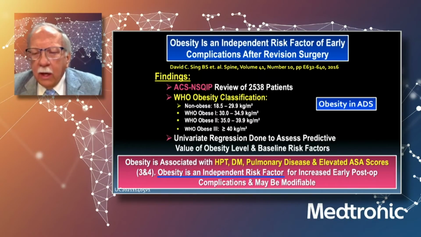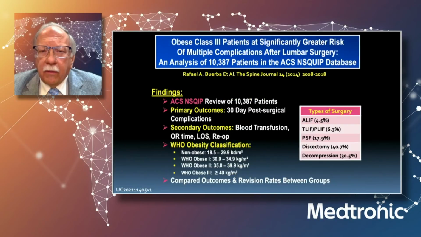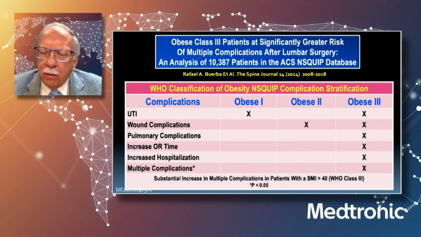Anyway, we really want to know that these patients have all these associated abnormalities. Raphael Burba looked at a large cohort of patients, and what he found is simply this: when you start talking about patients with BMIs over 40, you can see on the right of the screen that they have all sorts of complications: infections, heart attacks, DVTs, and everything.